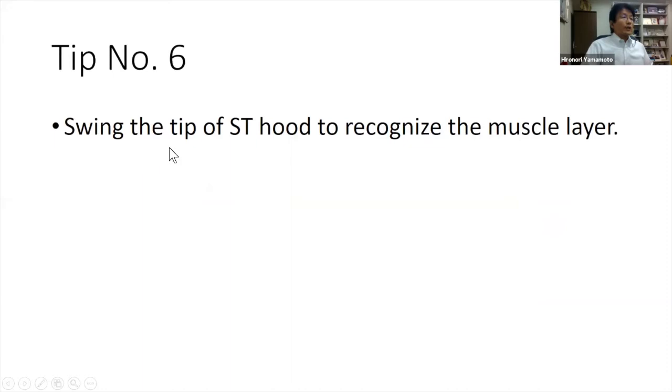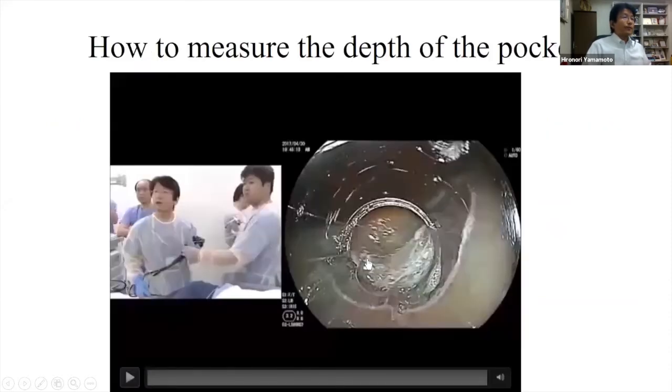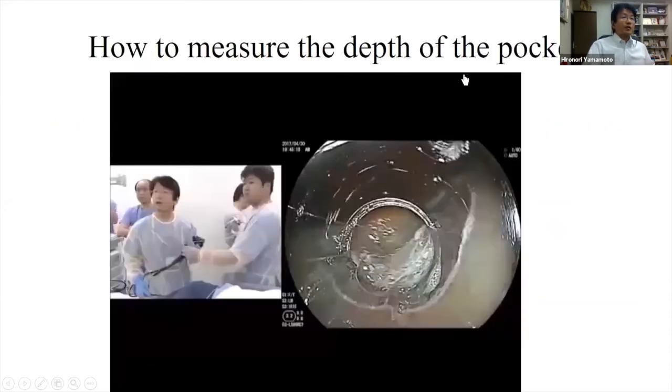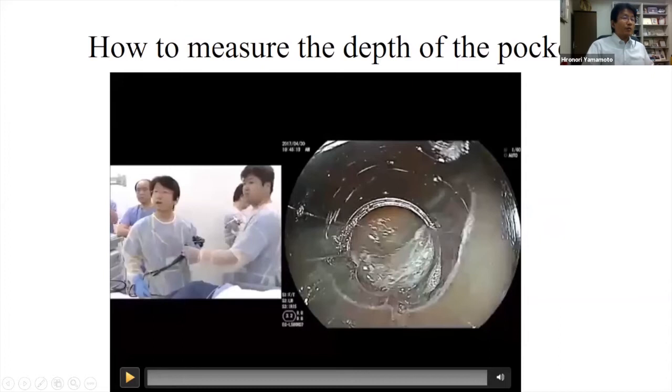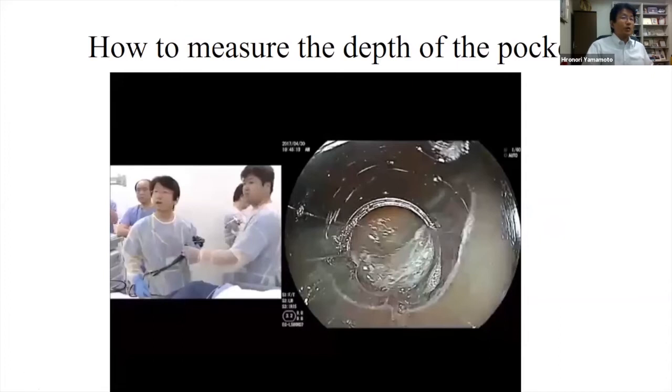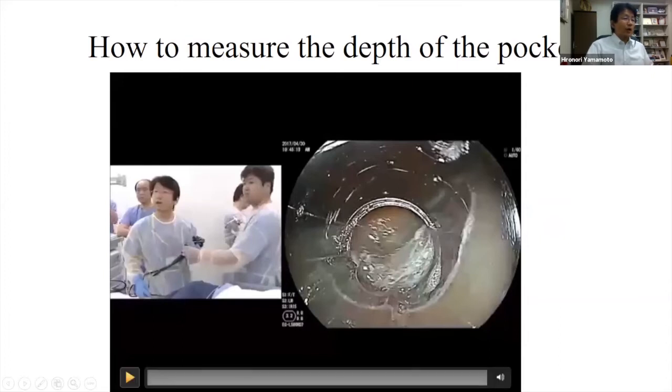So swing the tip of the ST hood to recognize the muscle layer clearly. And how to measure the depth of the pocket? After completion of the pocket, you open the pocket, but how can you tell the pocket is completed?